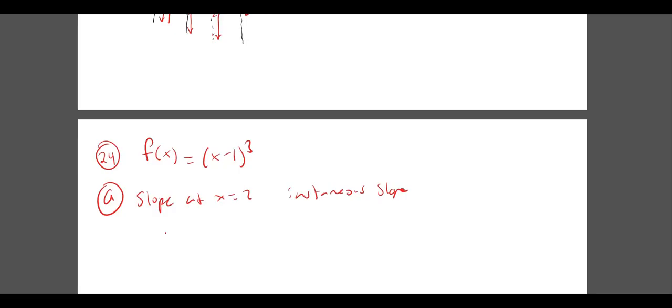Which means we need the limit as h goes to 0 of the difference quotient: x plus h, sorry, minus 1 cubed, minus the original, all over h.